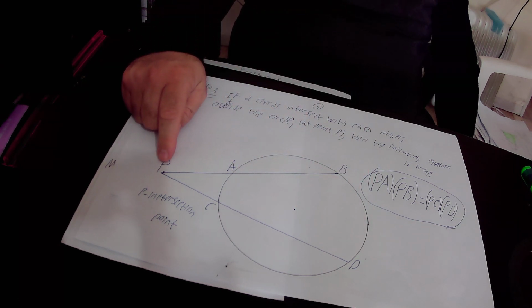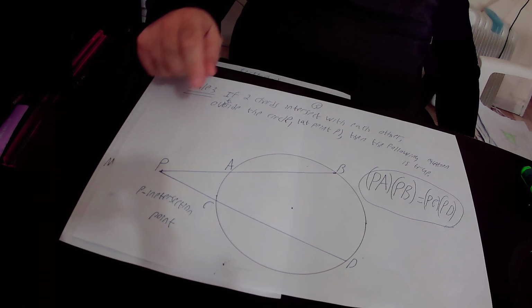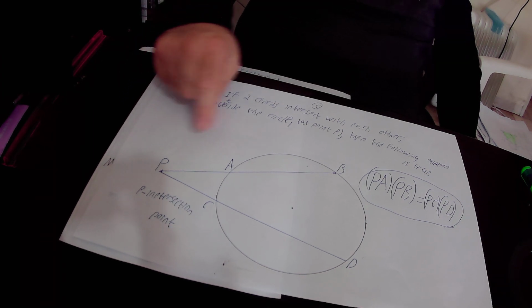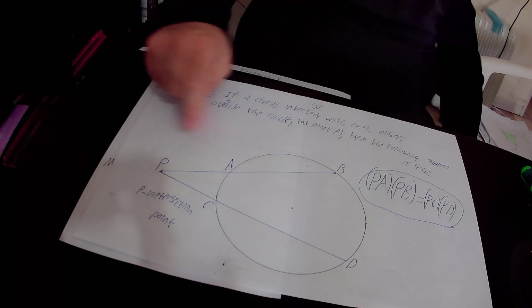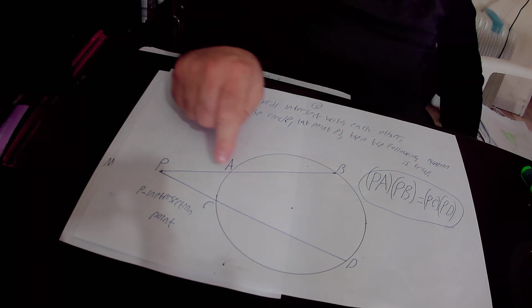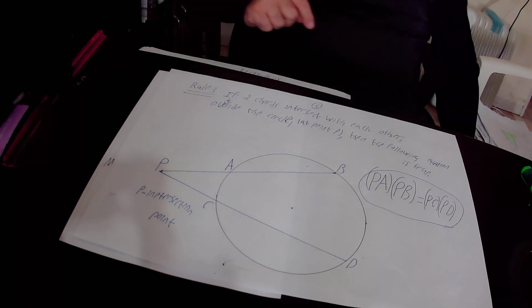As you can see, point B is outside the circle, so the intersection point of the two chords is outside the circle. Then the following formula is true: PA times PB equals PC times PD.